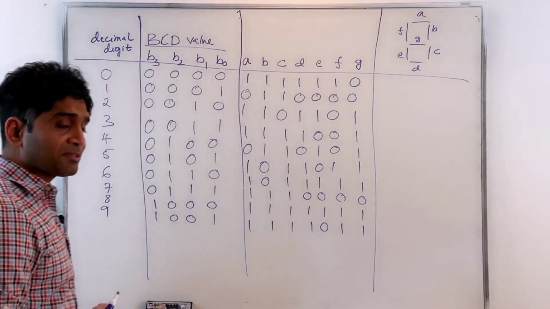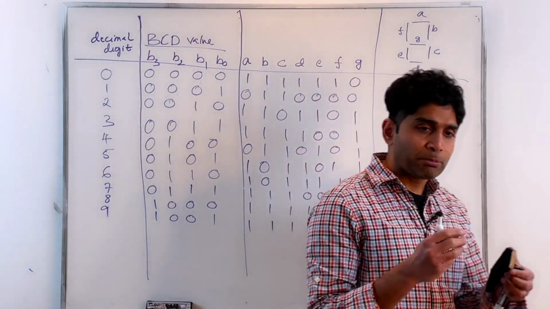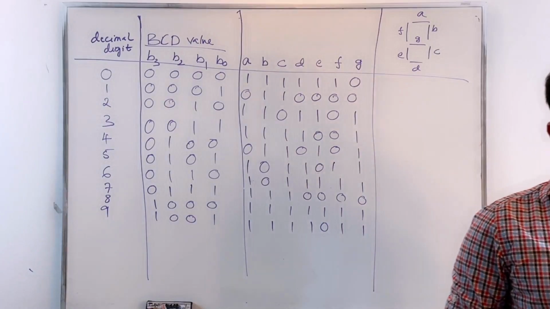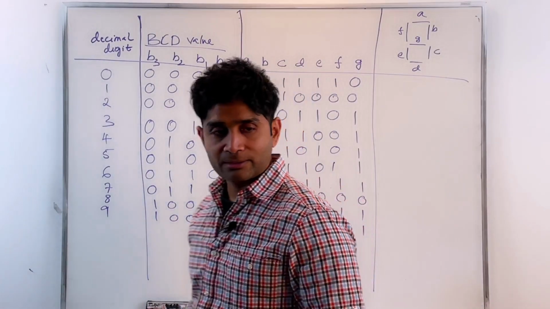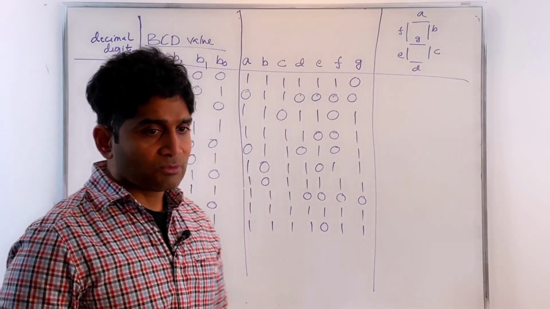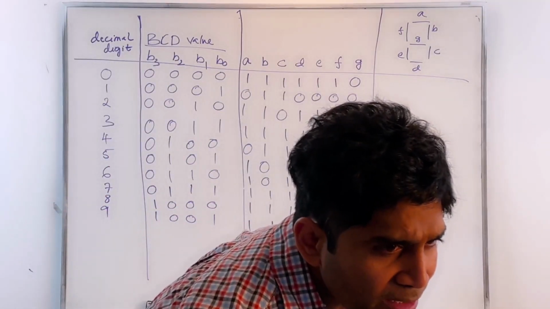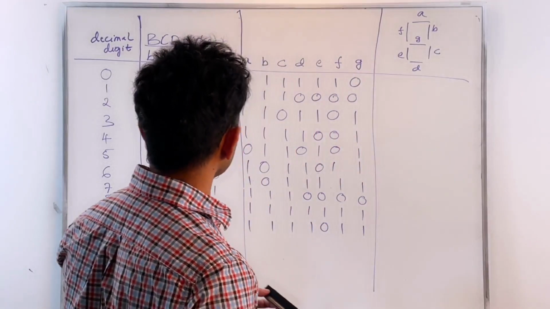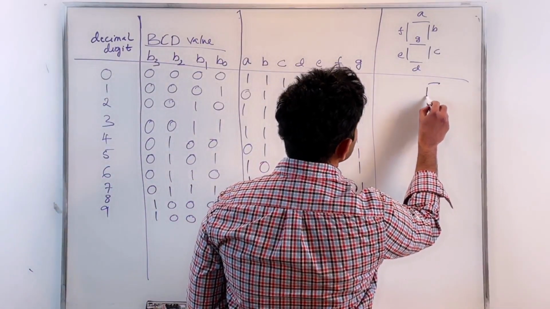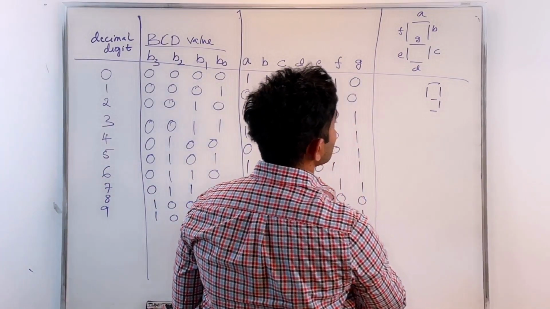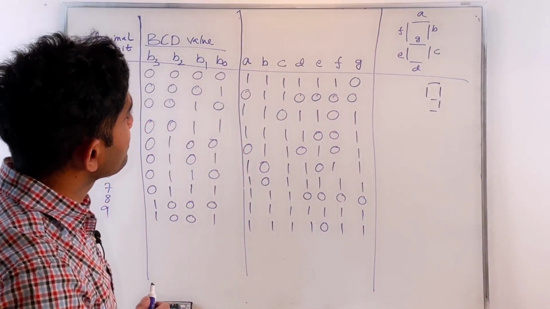Now again, I'm dealing with decimal digits. My inputs are binary coded decimal values. I can only go from 0 to 9 because that's what my decimal digits are. And for the rest of them, should 9 be 0 in D and E? It can be interchangeable.